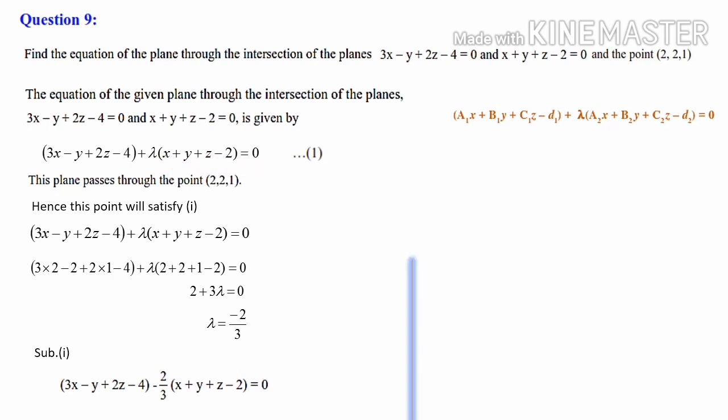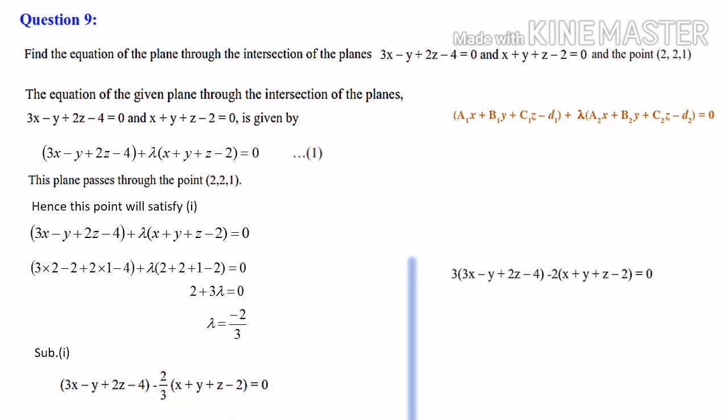Go for the calculation. Here the denominator is 3. Let's take it as a common denominator, so we multiply 3 here, and the common denominator 3 multiplies with the right side 0 by cross multiplication, so the denominator goes to the right side.